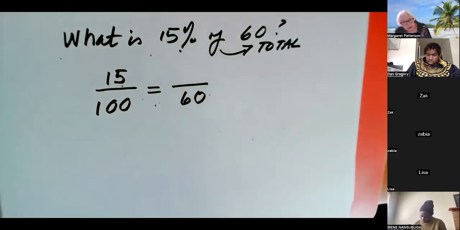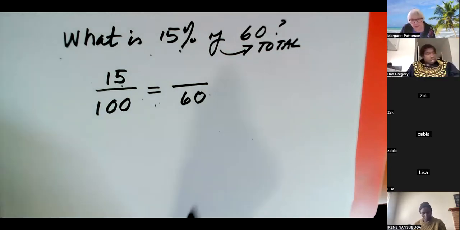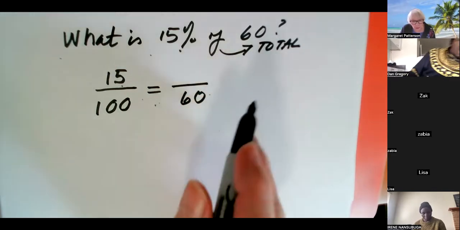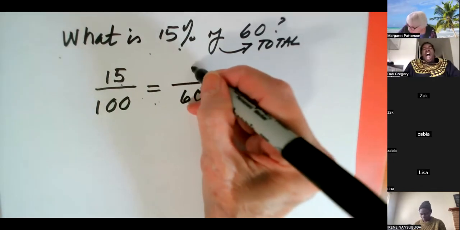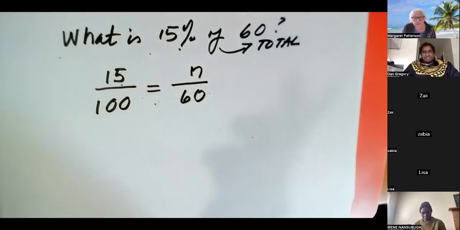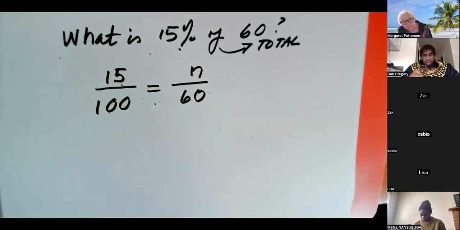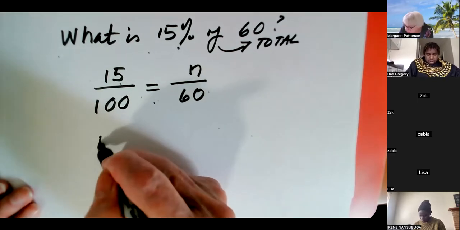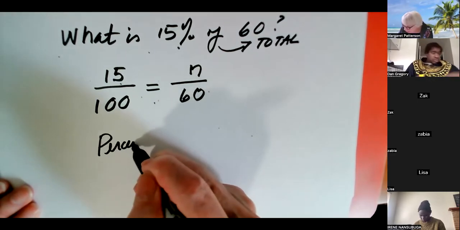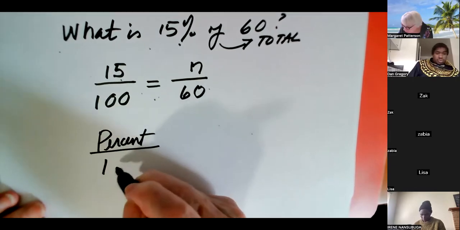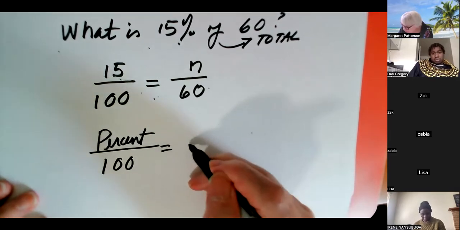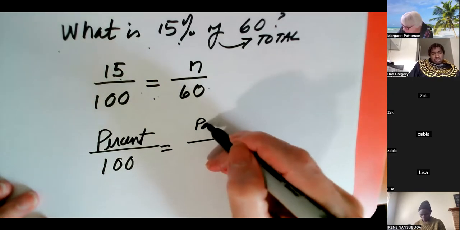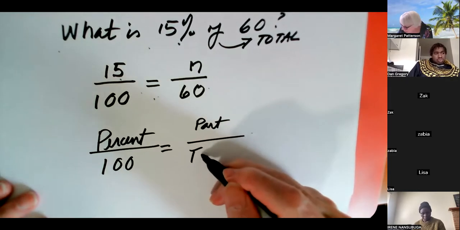So in these type problems, the word of will appear somewhere, and immediately after that word is the total. And so this is where you've got your N. So this is your basic formula: percent over 100 equals the part over the total.